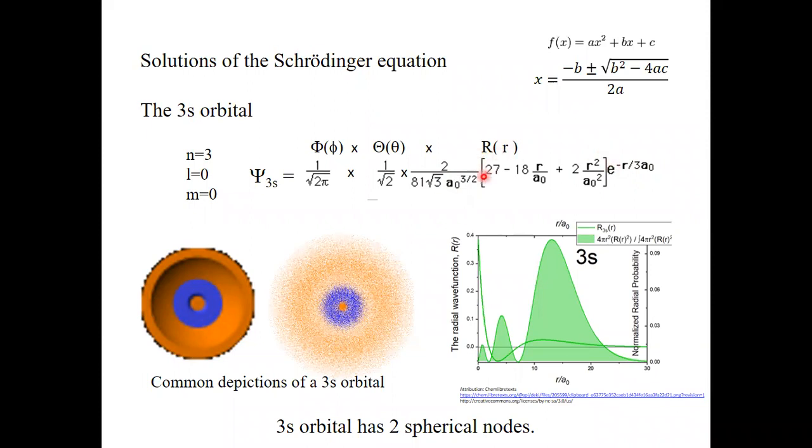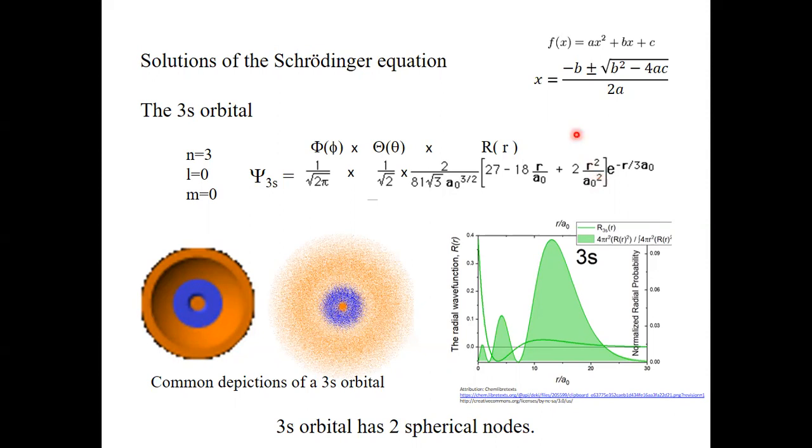But again, in the middle there's a term in brackets. It's 27 minus 18r over a0 plus 2 times r squared over a0. So you see that this now represents a square function, okay?